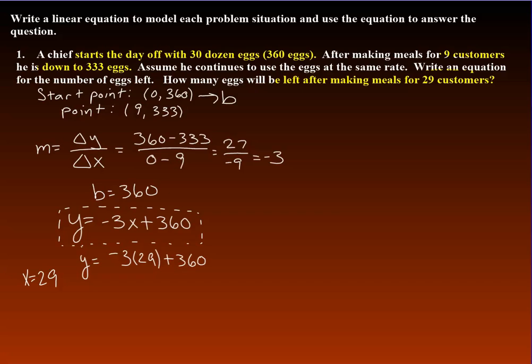Negative 3 times 29 is negative 87. Then 360 minus 87 is 273 eggs. Okay, so the chef will have 273 eggs left after 29 customers.